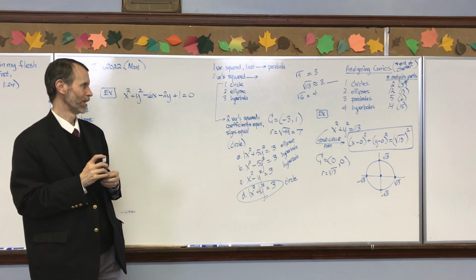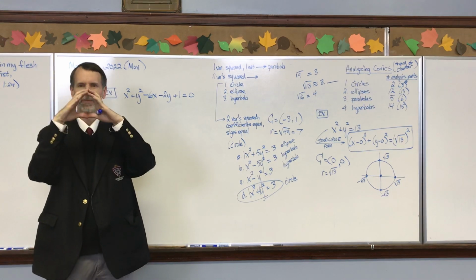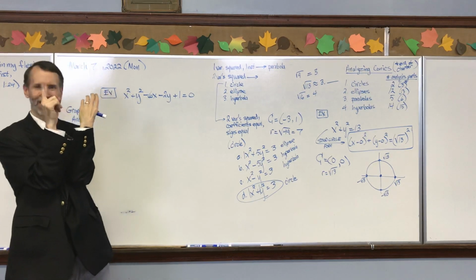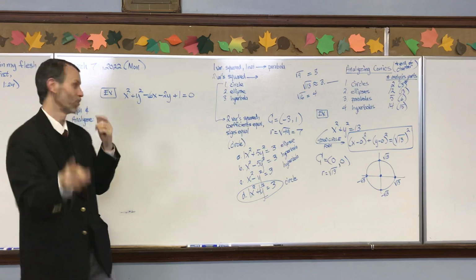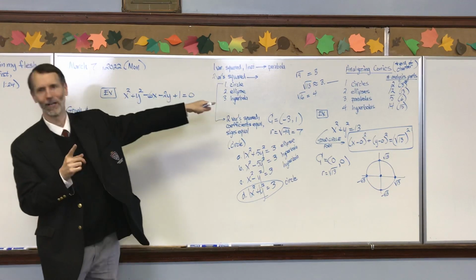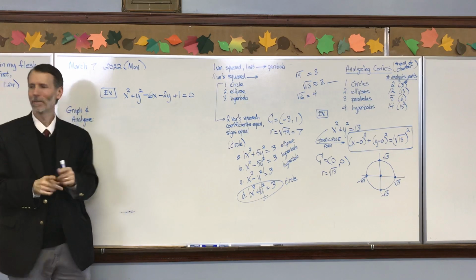What causes a hyperbola? Circle is when you join two sides. How do you get a hyperbola? There's one little change. Yes, one of them is negative. If this were x squared minus y squared, hyperbola. Or if it were negative x squared plus y squared, hyperbola.